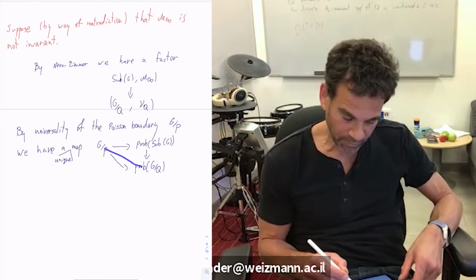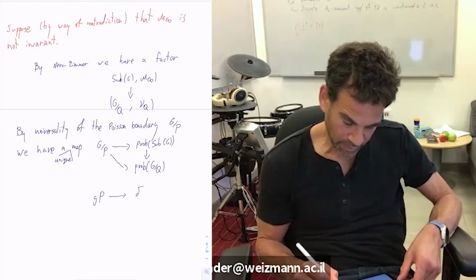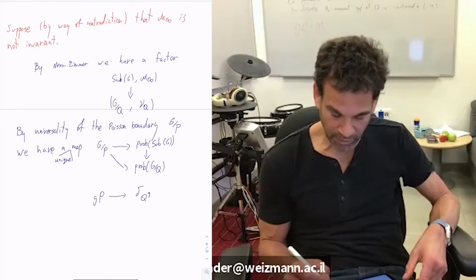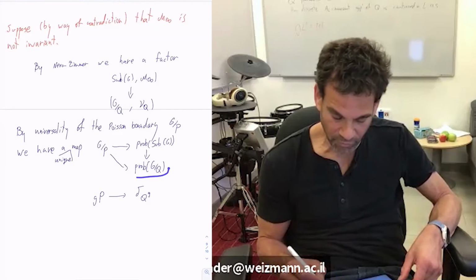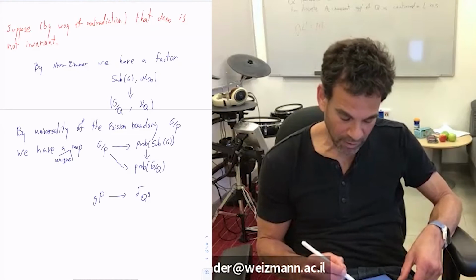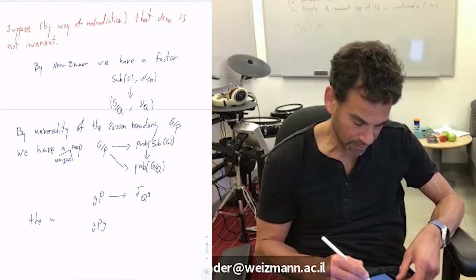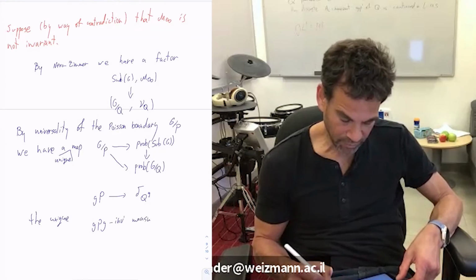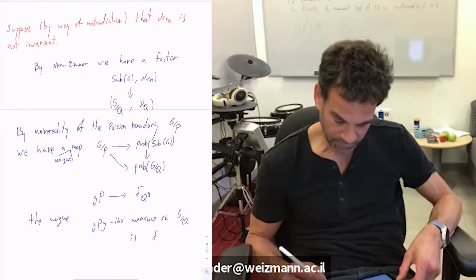Now this map, we know what it is. Every gP goes to the Dirac of the conjugate of Q by g. So the unique P invariant measure on G mod Q is the Dirac on Q, and the unique gPg inverse invariant measure on G mod Q is the Dirac measure on this conjugate.